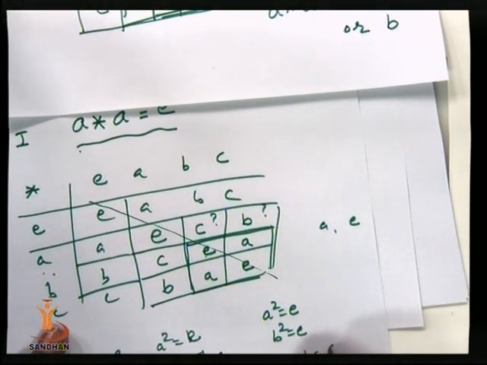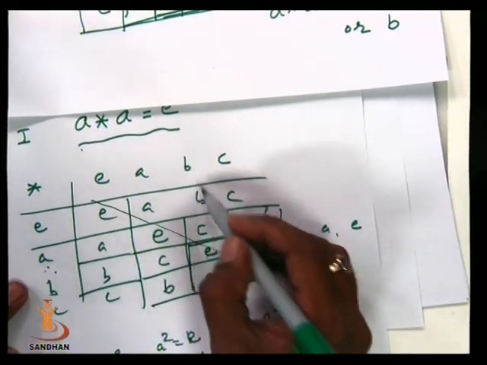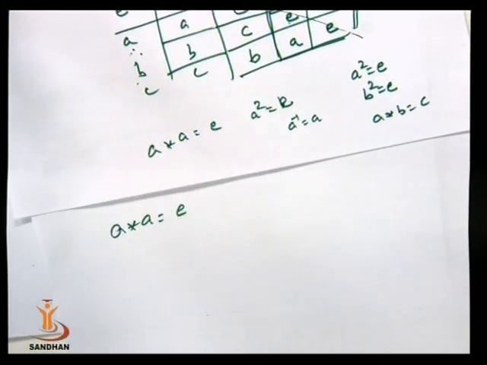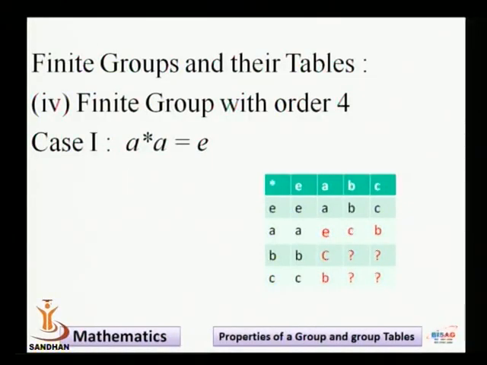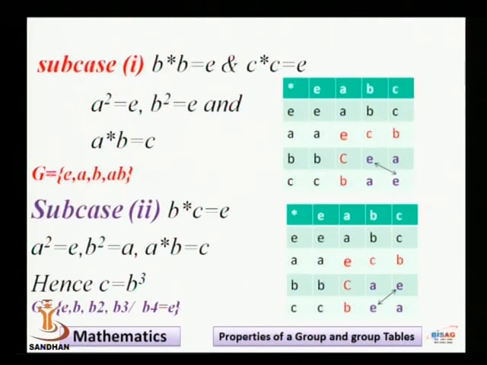A star B is equal to C. So we have taken A star B is equal to C. And for this group, for the first case with A star A is equal to identity, we have A star A is equal to identity, B star B is equal to identity, C star C is equal to identity, and B star C is equal to A. So in the first subcase of B star B is equal to identity and C star C is equal to identity, we got E here, E here, and this will give us A here.